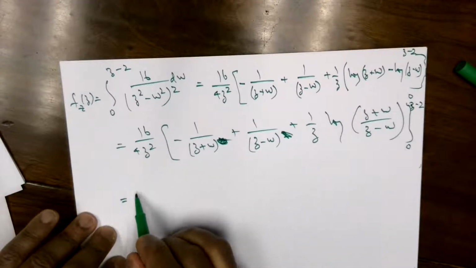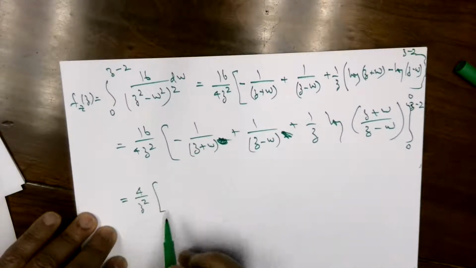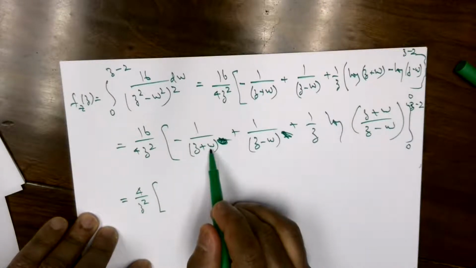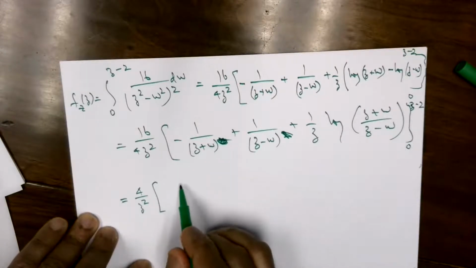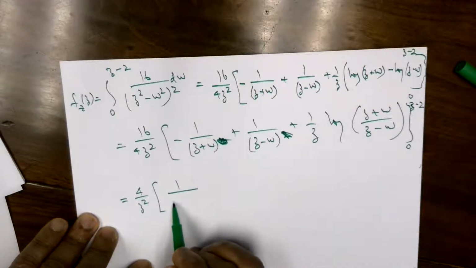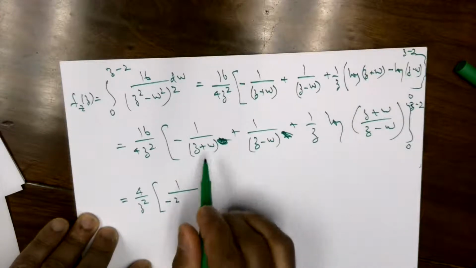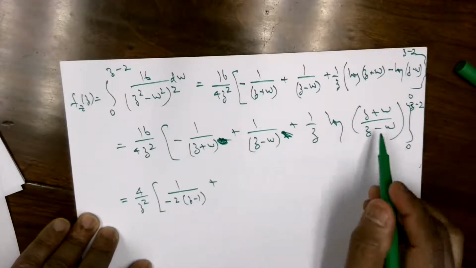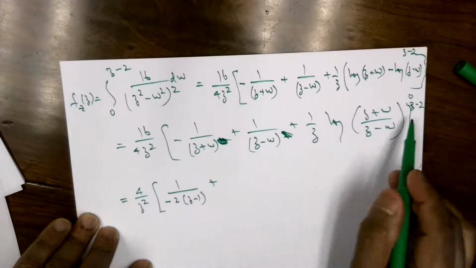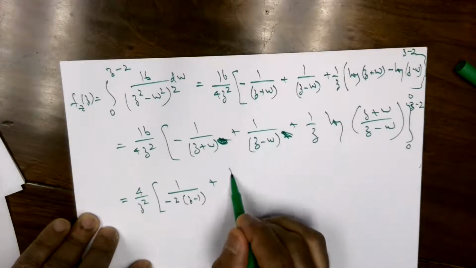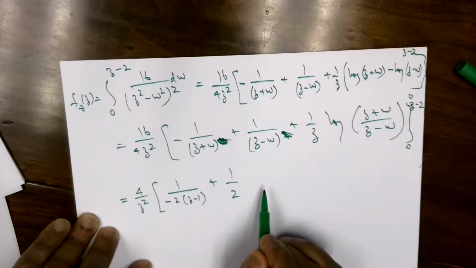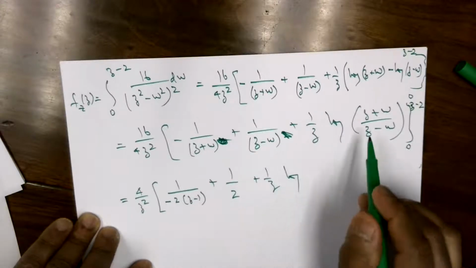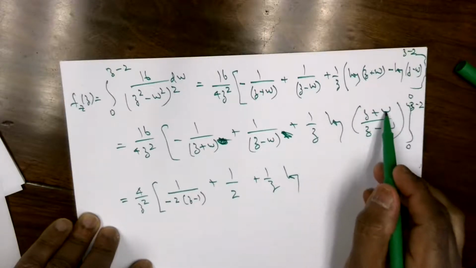So the top limit is going to be, let's do this carefully. I'm going to substitute w equal to z minus 2. So the top limit, minus z minus 2, so this comes out to be like this, plus the top limit is z minus 2. c cancels, so you get 1 over 2 plus 1 over z log of z minus 2.